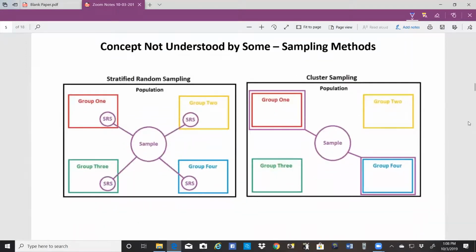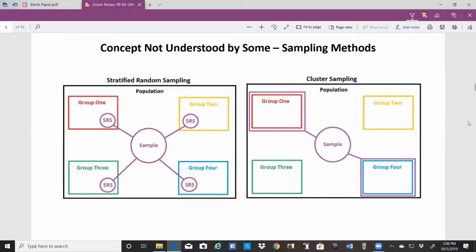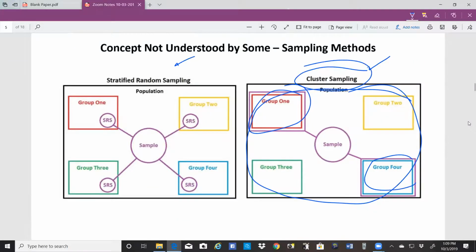One thing that caused some folks a problem was not understanding the sampling methods. There was a question in which one was stratified sampling and the other one was cluster sampling. If you break up the population into a bunch of groups and you only pick a few of them, that's cluster sampling.